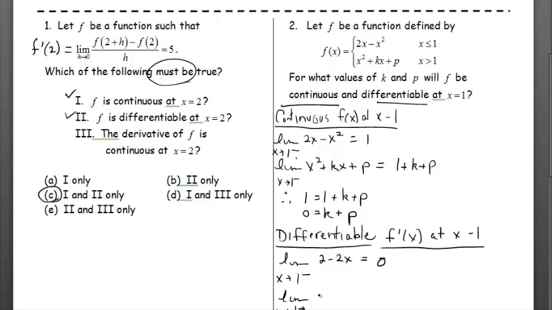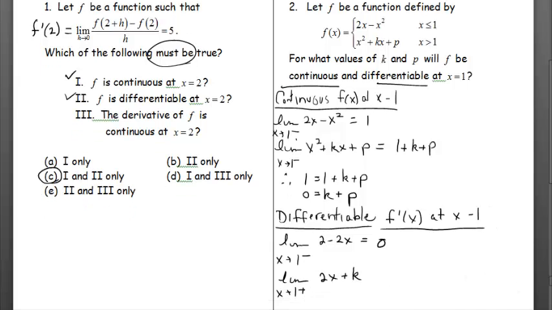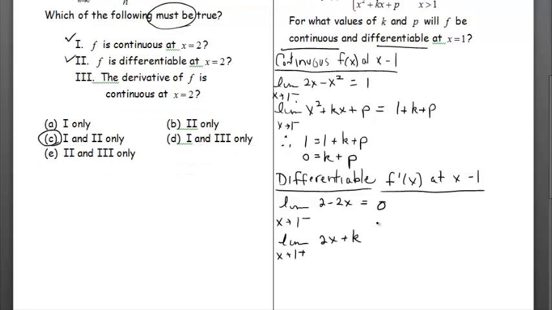If I approach 1 from the right, I'm going to find the derivative, 2x plus k. Plug 1 in, and I'm going to get 2 plus k. Therefore, 0 must equal the right slope, 2 plus k, so k is negative 2.